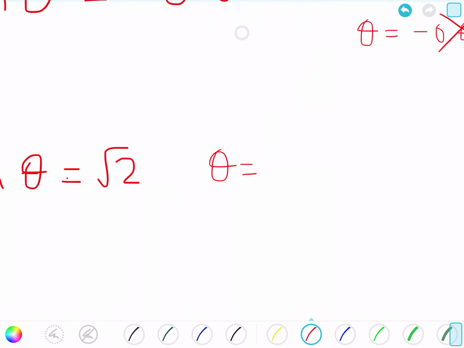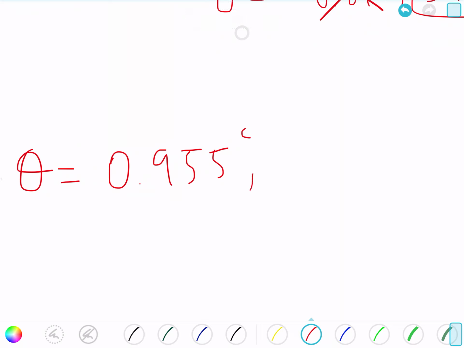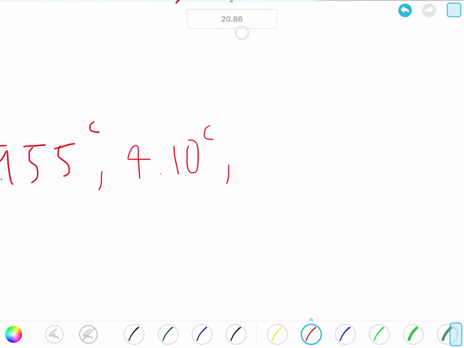Theta equals 0.955 radians. And I'm not even going to bother with the graph, because tan always works nice and easy. You just add 180, but in the case of radians, we can add pi. So I'm going to add a pi, write that down, 4.096, which is actually 4.10, 3 significant figures.